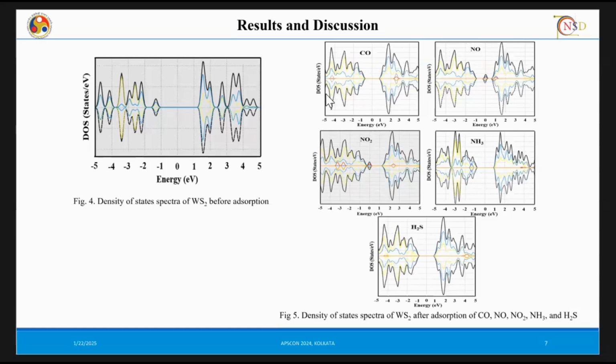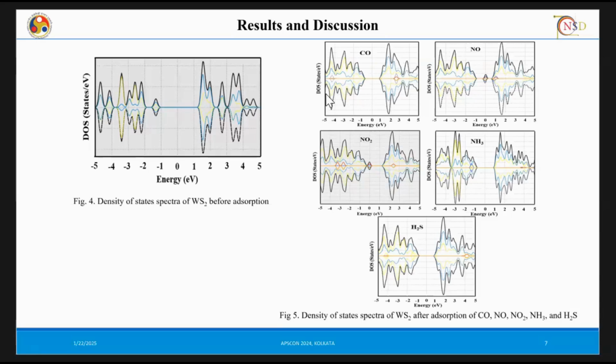In Figure 4, without any interaction with any gas, we observed the different bands present in WS2. After that, when we interact with the gases, we can clearly see the difference in the band gap in the presence of all the gases. So this identifies that the material is sensitive to all those gases.